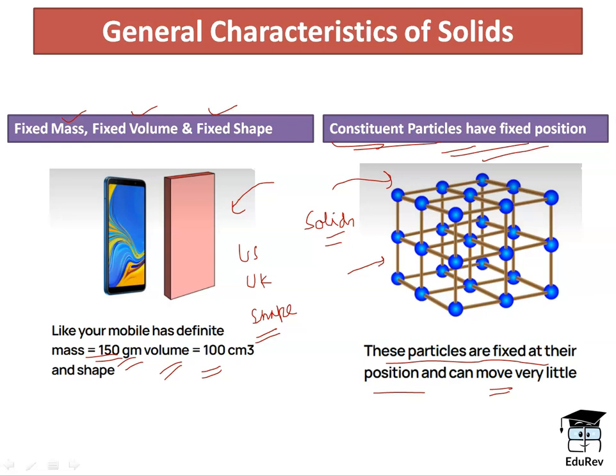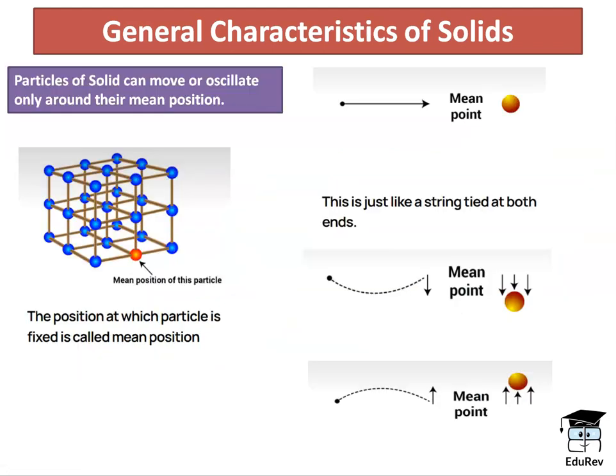The next characteristic of solids is that particles of solid can move or oscillate only around their mean position. Let's have a look at this structure of solids. This red dot here represents the mean position of the particle. And what is the mean position? The position at which particle is fixed is called the mean position.